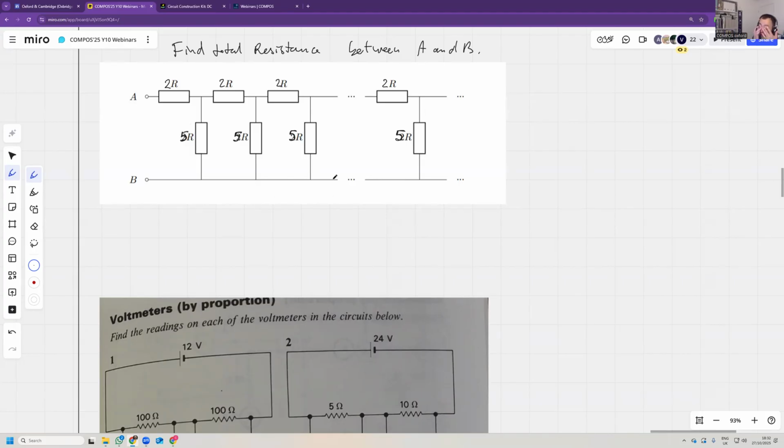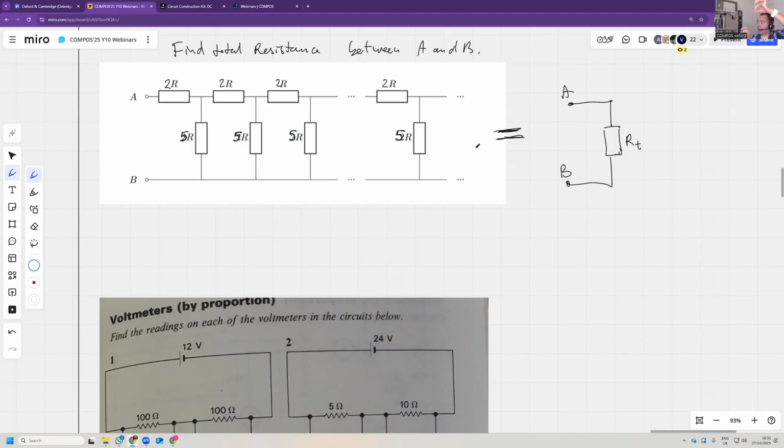The idea of finding the total resistance is that you can replace the whole thing with a single resistor between A and B, and we call it RT, R total. That's what we want to find. We want to find the total resistance of the combination, and we are able to replace it with a single resistor.